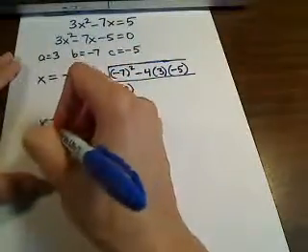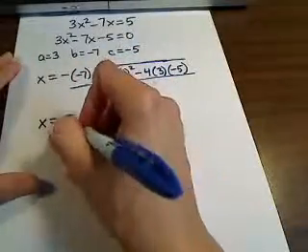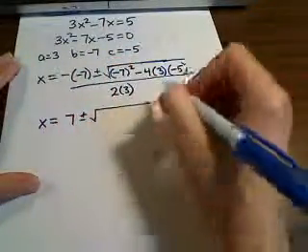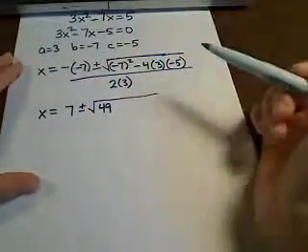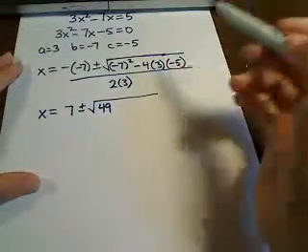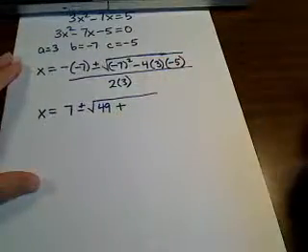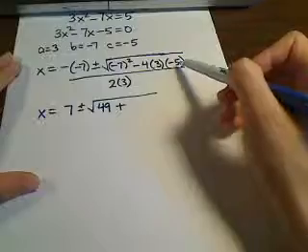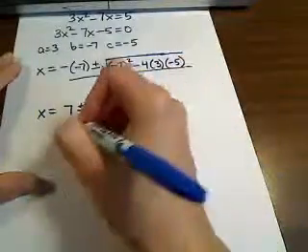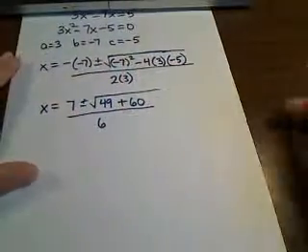Okay, so x here is 7 plus or minus the square root of 49. Negative 7 squared is 49. And then I've got a negative here and a negative here, so this is going to become positive. And then 4 times 3 times 5, so that's 12 times 5, which is 60. And that's all over 6.